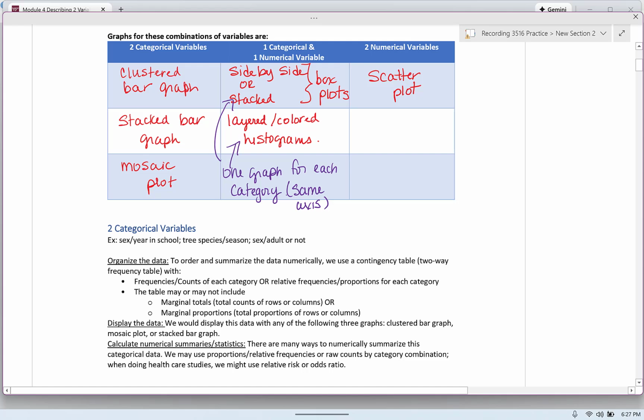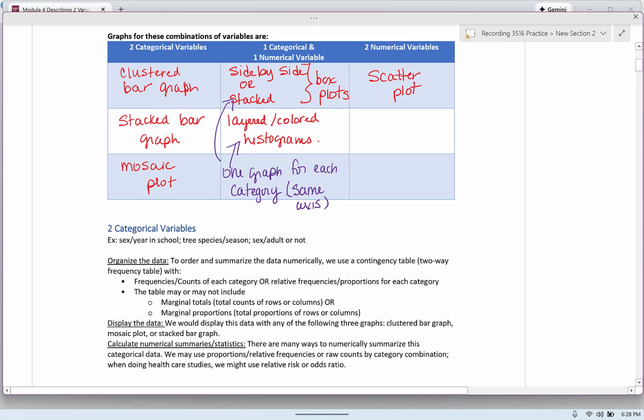And then you may do it for overall as well. And then for two numerical variables, we can do things like mean or median for each of the variables, but we may also do some additional numerical summaries that you haven't learned yet that you will learn later in this module, and then more of them you will learn later in the semester.